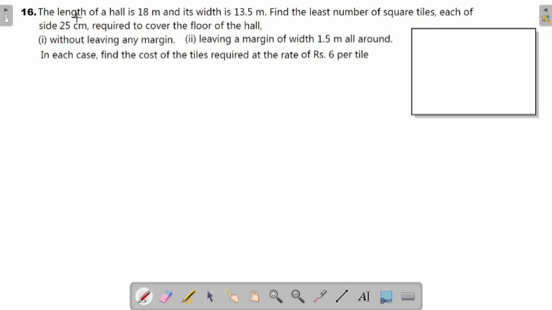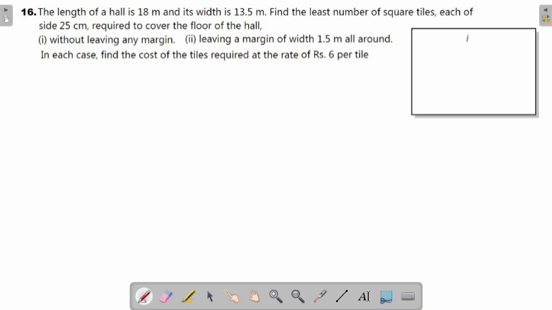We have the length of a hall is 18 meter and its width is 13.5 meter. So there's a hall, and if this is the floor of the hall, its length is given to be 18 meter.